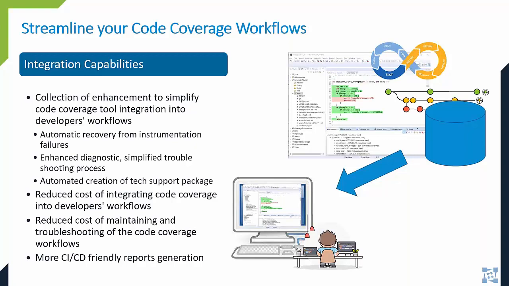Now, what has also been enhanced, and it's actually impressive, is a more CI/CD user-friendly code coverage report generation capability. Besides generating code coverage reports from within the build server, the code coverage artifacts like the code coverage log files, code structure data, and source code can be collected and used to produce the code coverage reports from any machine.